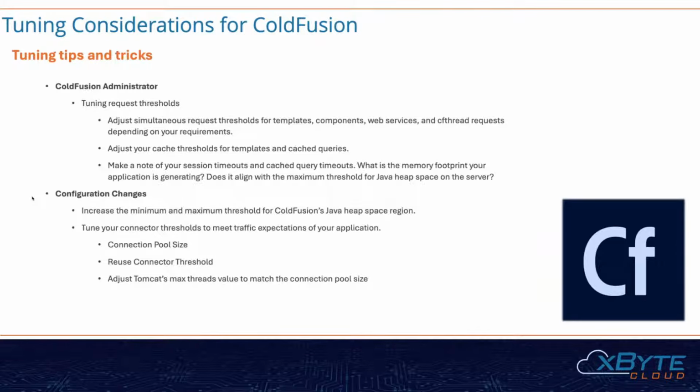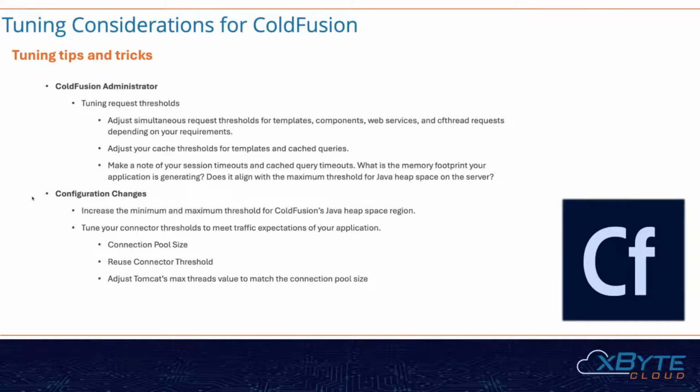As far as configuration changes go, you can increase the minimum and maximum threshold for ColdFusion's Java heap space region. What I mean by that is when CF is installed or you deploy it in a server environment, you may never have taken a look at the Java heap space threshold.